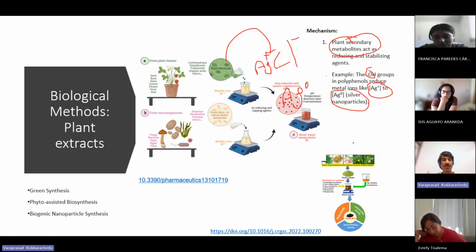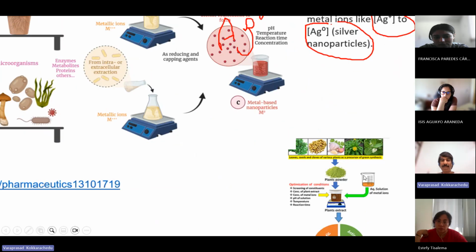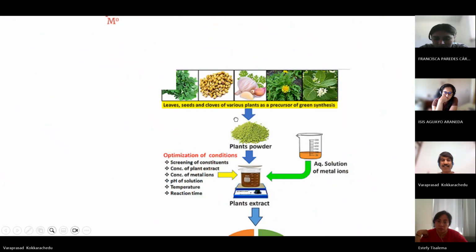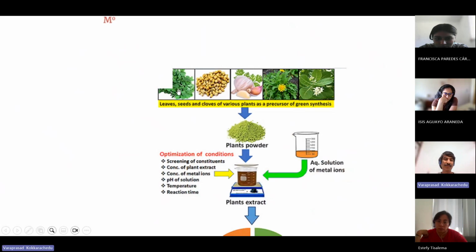To understand more, we can discuss again. You can see here, generally people take leaves, seeds, garlic leaves, whatever, and they will make some powder. Then this powder is going to be boiled. Why do they make powder?